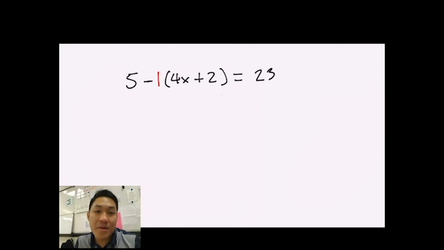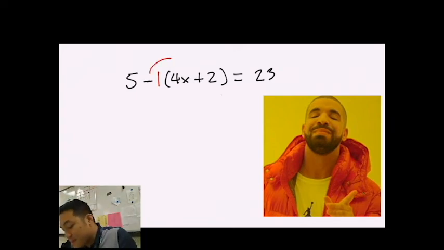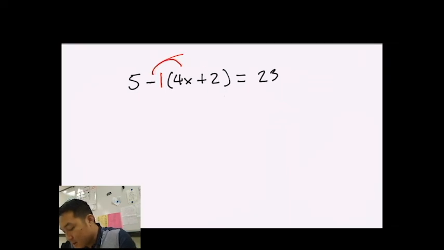There's a 1 there, right? If nothing's there, it's actually an invisible 1. So we're actually distributing a negative 1. Does that sound good, Drake? Right. So negative 1 times 4x and negative 1 times 2. So negative 4x. Negative 1 times 2 is negative 2.